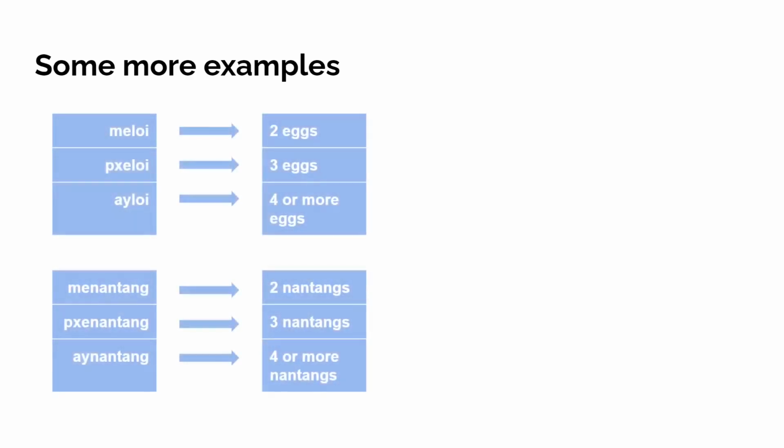Let's look at some more examples to maybe make it a bit clearer. So here we have some more. Loi is an egg, so meloi would be 2 eggs, pxeloi would be 3 eggs, and ailoi would be 4 or more eggs. Menantang would be 2 nantangs, pxenantang would be 3 nantangs, and ainantang would be 4 or more nantang.